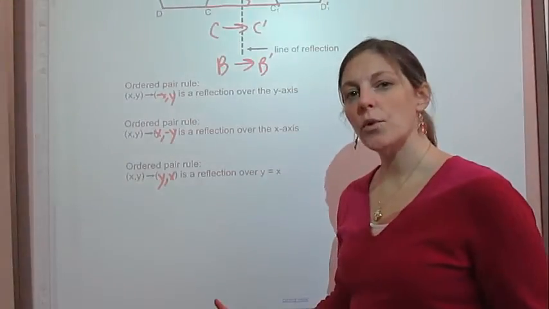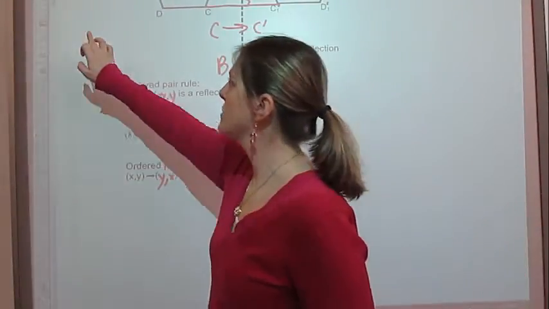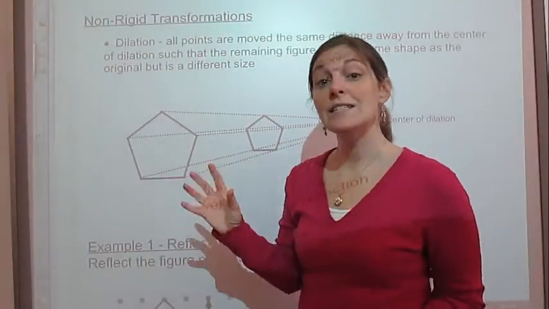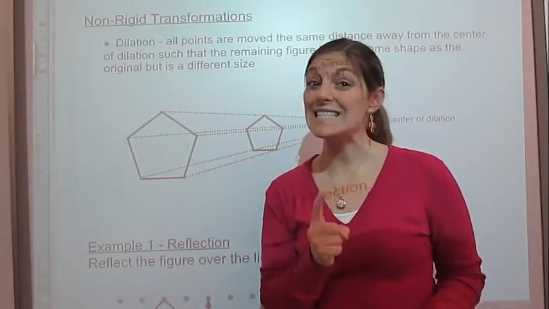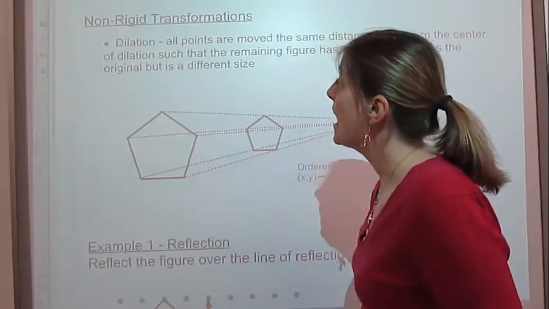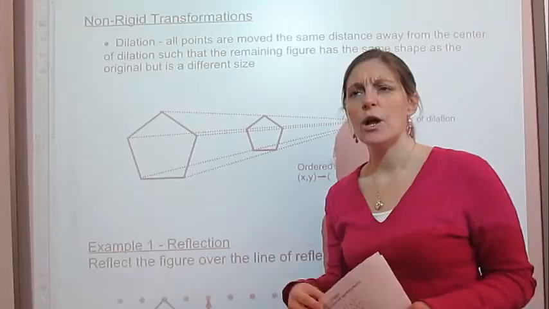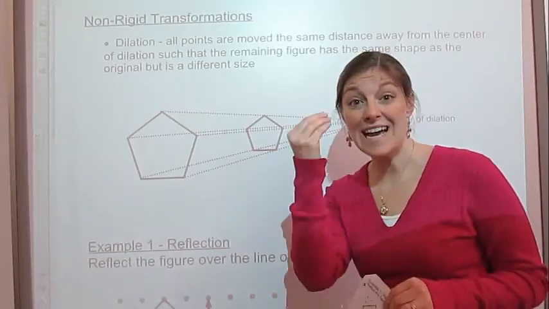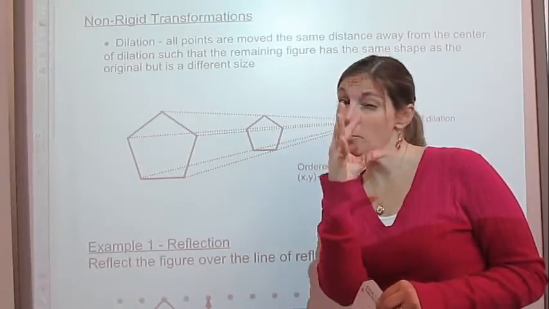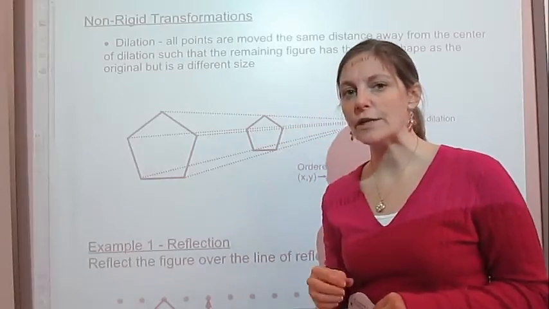All right, now the last one we're going to talk about is a non-rigid transformation, because while it doesn't change shape, it changes the size of the figure. It's called a dilation. You might remember if you've ever been to the eye doctor and they dilate your pupils, that means they make your pupils bigger so they can see farther inside your eye.